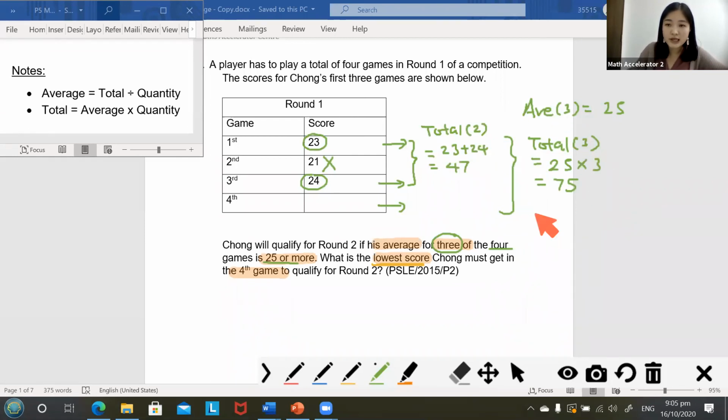So if the total I need it to be 75 and I already have a score of 47, what is the lowest score that I need here? I need to find the difference between 75 and 47. Yes, 28, thank you. Right, so that's your answer, 28. This is the lowest score that he must get.